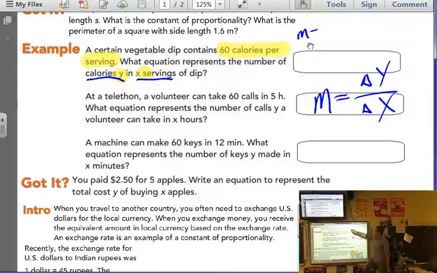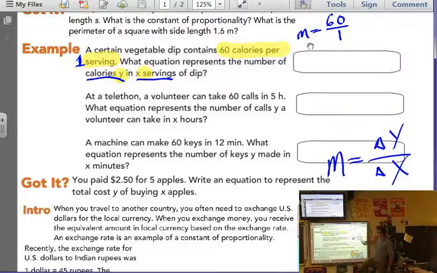Well, when I do calories divided by servings here, that's just 60 divided by 1. Because when it says per serving, that's really per 1 serving. And 60 divided by 1 is just 60. So our equation becomes y equals 60x.